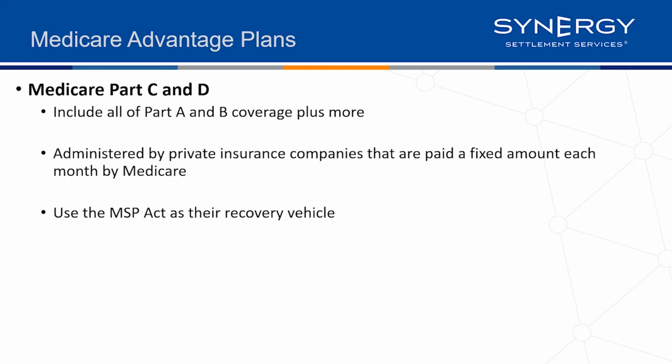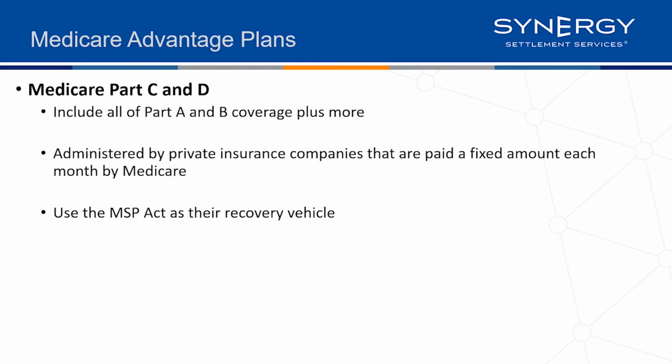So the Medicare Part C and Part D plans include all of the Part A and Part B coverage plus more. The Part D plans are drug plans that are Medicare covered. You should also be aware that the Medicare Advantage plans use the Medicare Secondary Payer Act as their recovery vehicle.